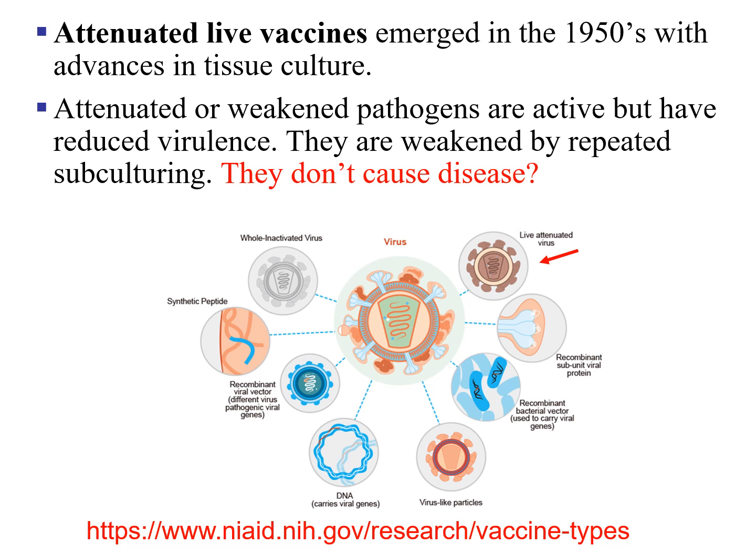Attenuated live vaccines emerged in the 1950s with advances in cell culturing. Cell culturing is when you could take a hepatocyte, liver cells, and culture them in a petri dish or a horizontal flask. So first, the technology had to be invented.